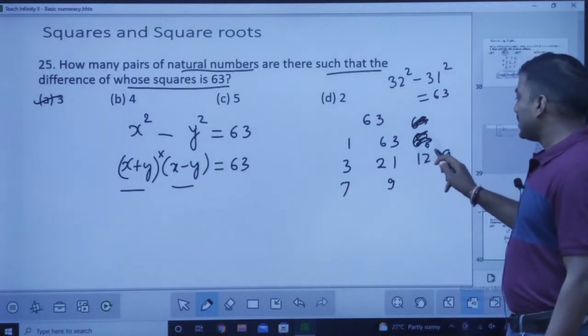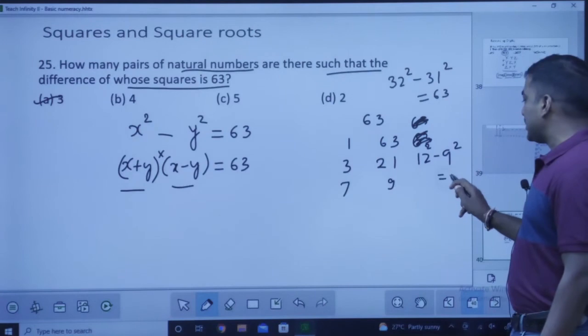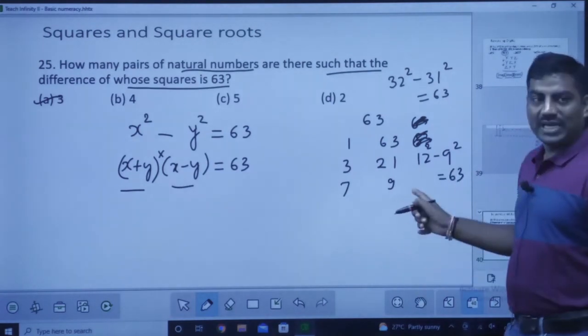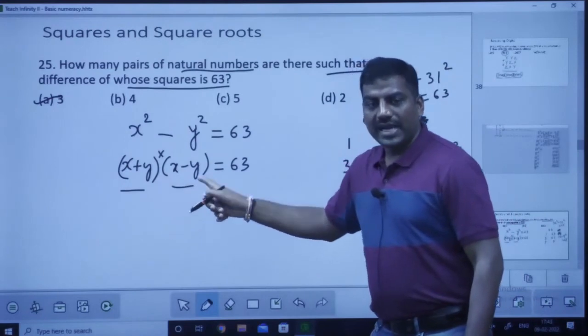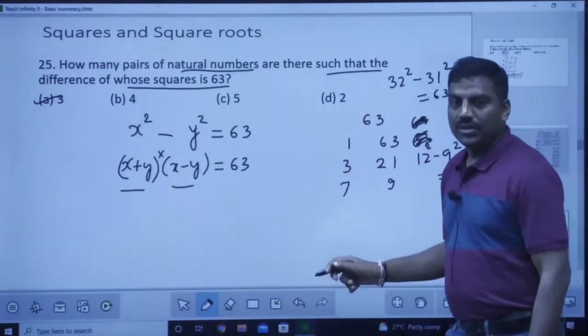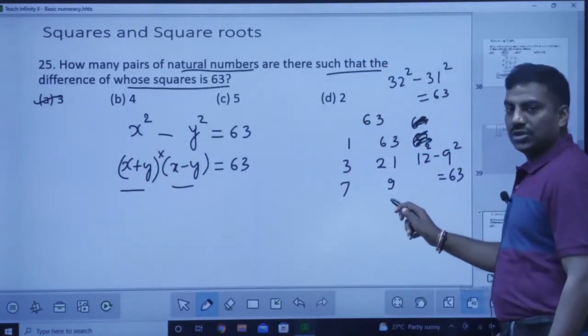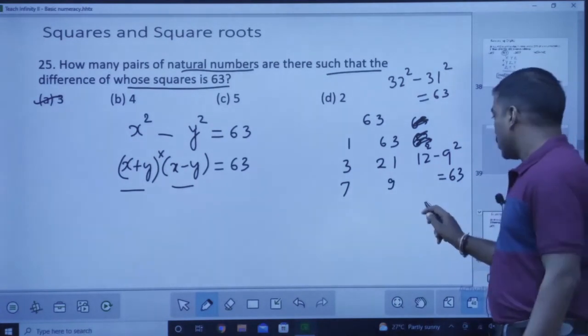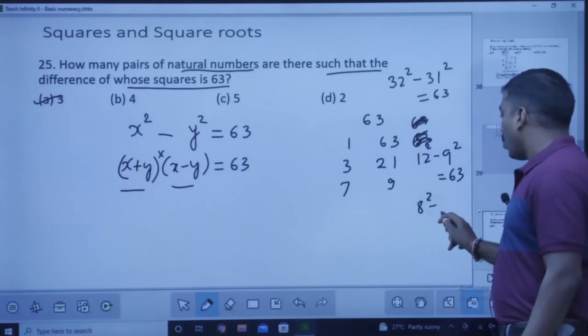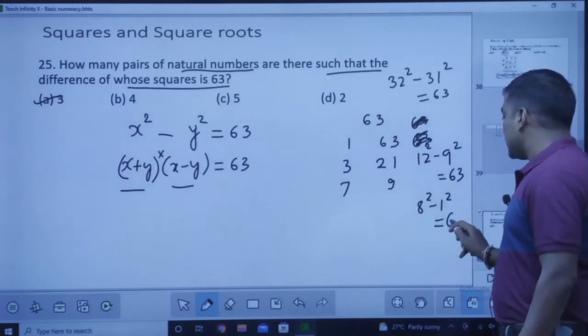That means 12 square minus 9 square is equal to 63. Similarly, 7 and 9: you put x plus y is 9 and x minus y is 7. So you will get the values of x and y as 8 and 1. So 8 square minus 1 square is equal to 63.